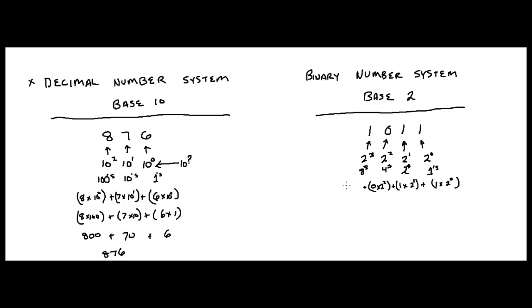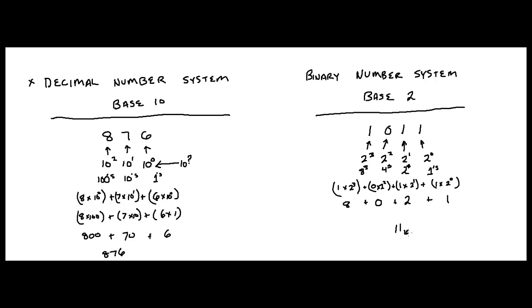And this one right here is going to be 1 times 2 to the third. Or basically, this is going to be a 1 here. This one right here is going to be a 2. This is going to be a 0. And this is going to be an 8. And if you add them together, you're going to get 11.